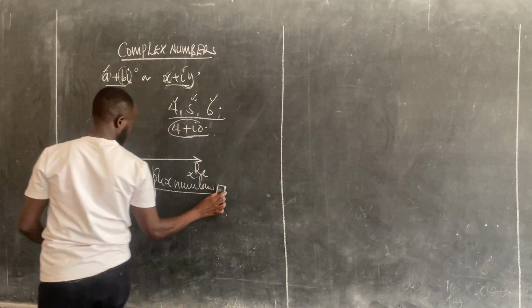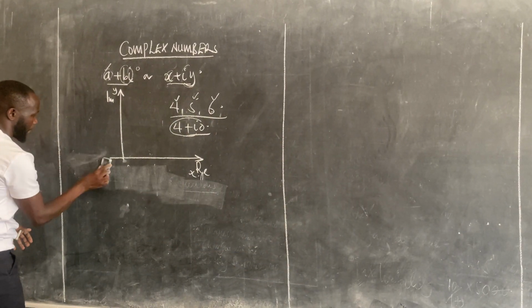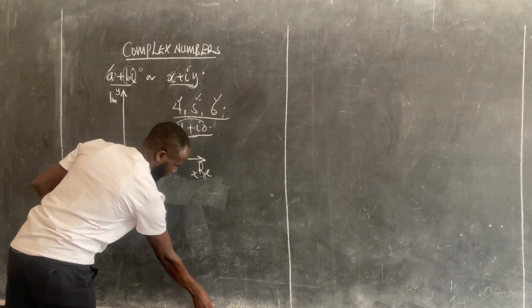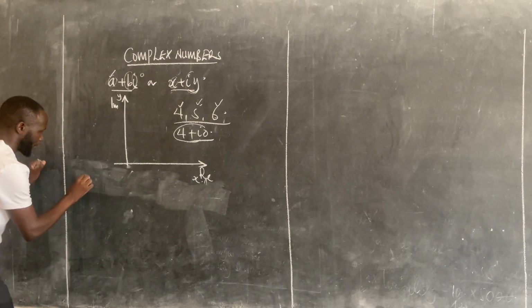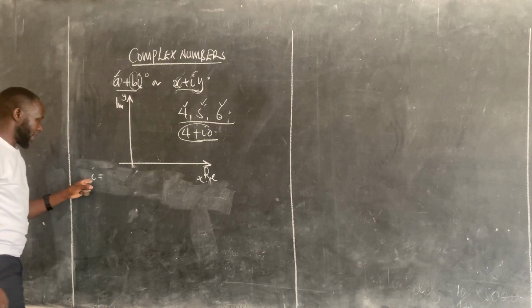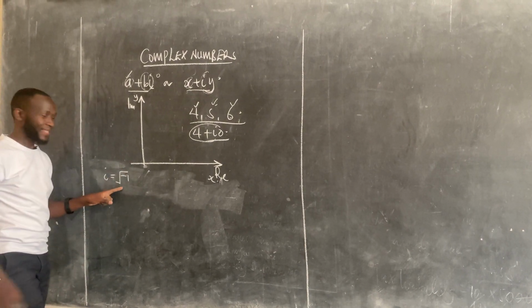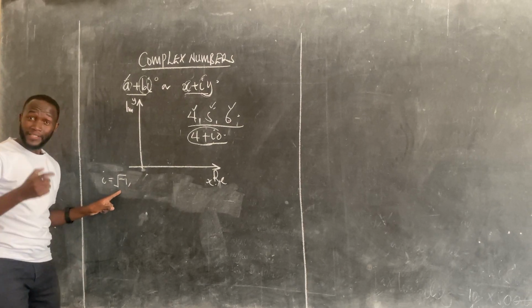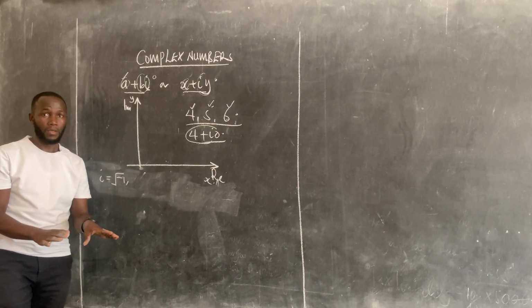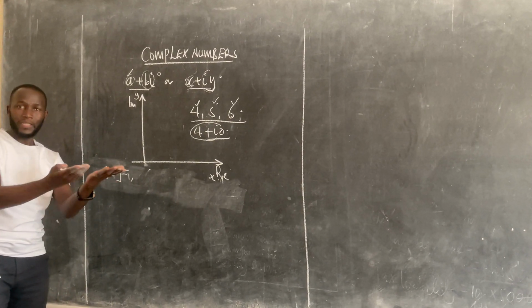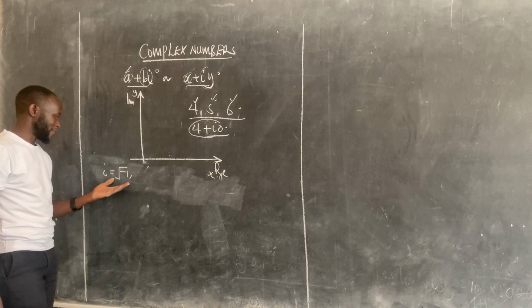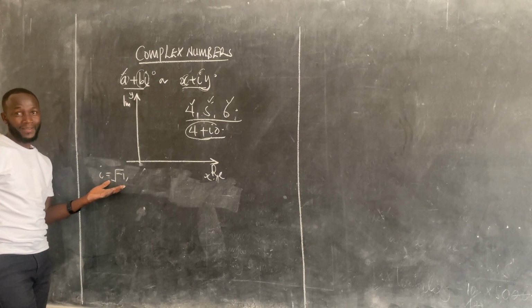Let me first remove this. So i, the imaginary part, is always equal to the square root of negative 1. Remember, at some levels, especially ordinary levels, we normally don't have square roots of negative numbers.